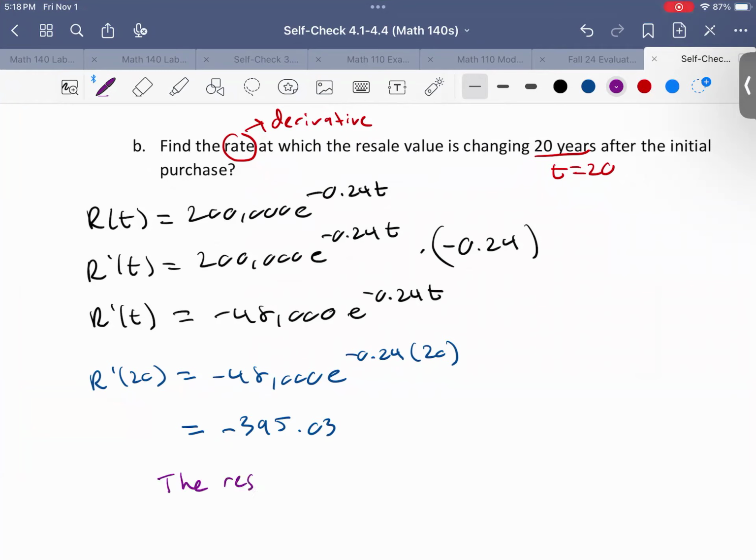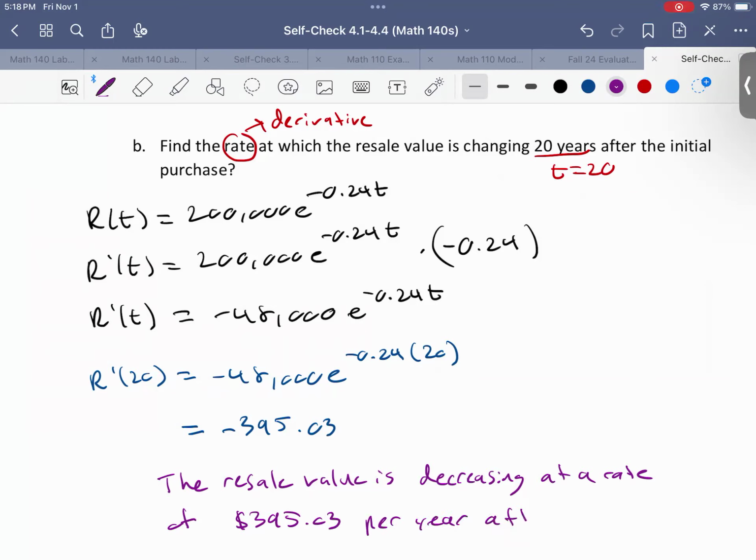So what this means is that the resale value is decreasing at a rate of $395.03 per year after 20 years of initial purchase.